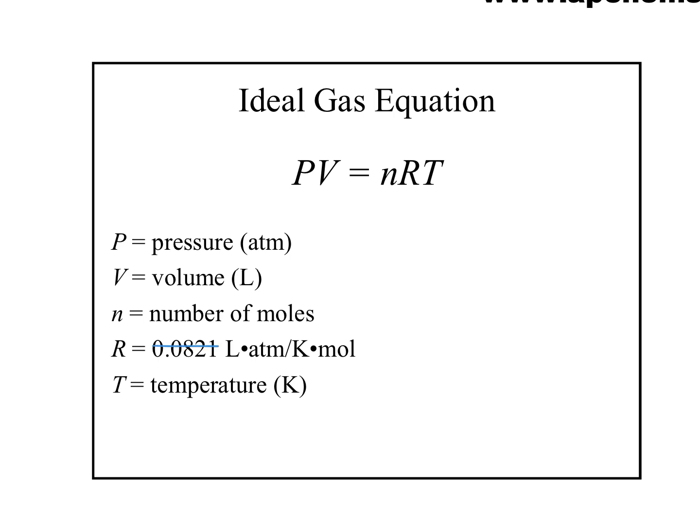So I'm actually going to get rid of this number, and I want you to write down this number. It's very similar: 0.08206 liter atmospheres per mole Kelvin. So yes, they're very similar numbers, but this is the one that's on your formula sheet, so you want to use this one. There's also 8.314 joules per mole Kelvin.